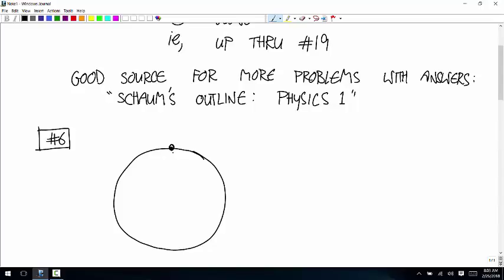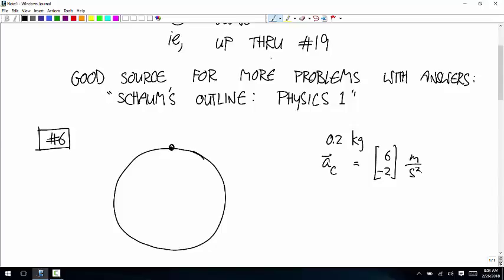Okay, and this object has a mass of 0.2 kilograms. And the circle's center, so I'll say the acceleration of the center is equal to 6 negative 2 meters per second squared.